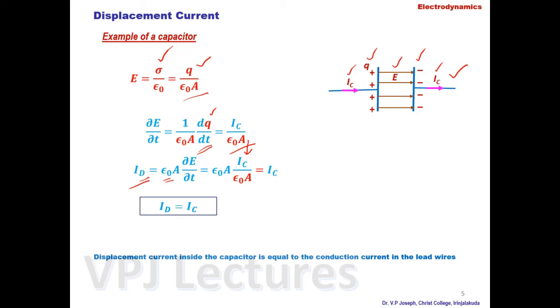So cancelling this ε0 A from both sides, we get IC itself. So ID changes to IC, and this is the final expression: the displacement current generated inside the parallel plate capacitor is equal to the conduction current flowing through the lead wires of the capacitor during the charging process of the capacitor.